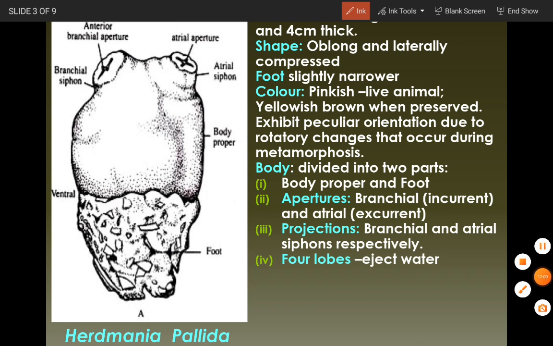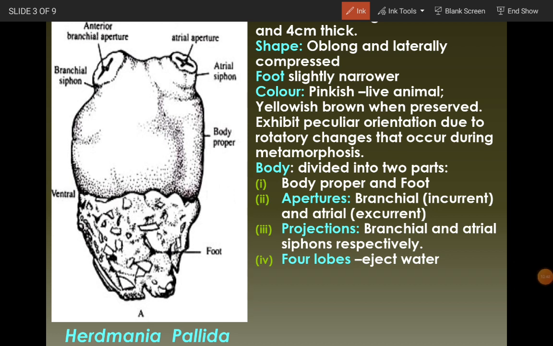The atrial aperture is for the excurrent water; the water that goes out of the body of Herdmania is thrown out through it. Both apertures are guarded by four lobes which control the movement of water in and out of the body. These two apertures are supported by two protuberances called siphons, the branchial siphon and the atrial siphon.